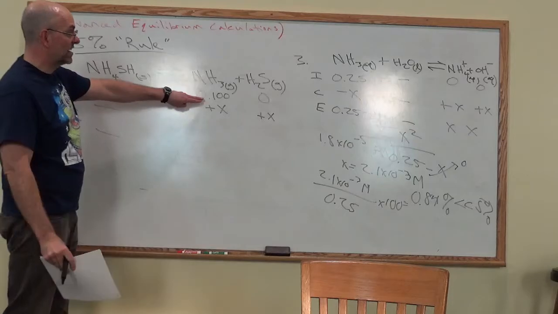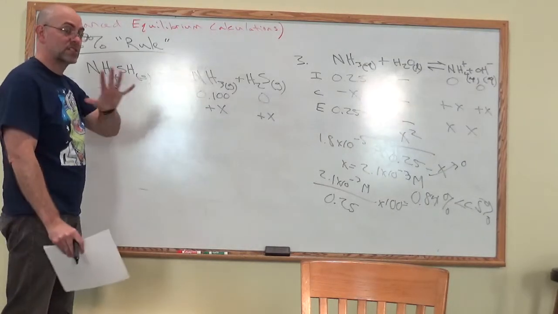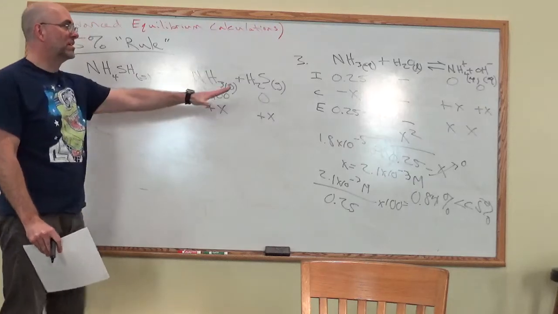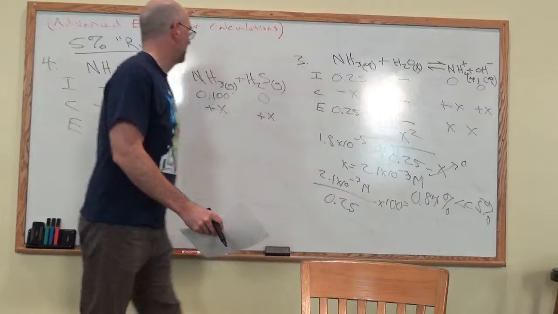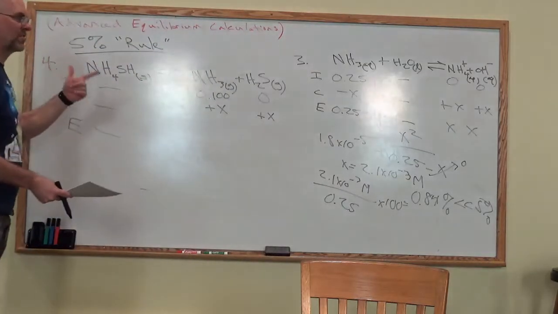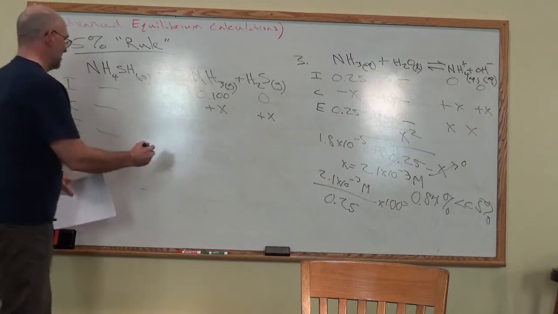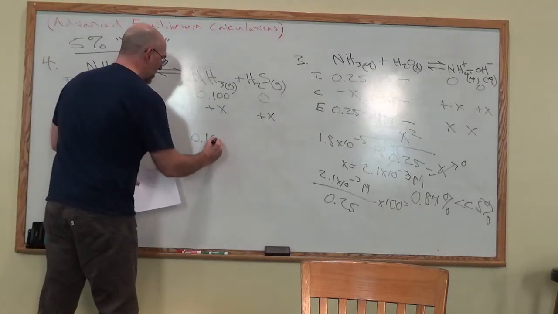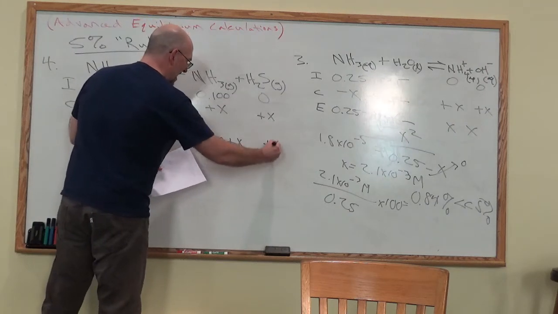That's a strange thing. We're taking an initial concentration, we're adding something to it. It's just a small twist so you don't get locked into doing the exact same problem every single time. So you have to think about the chemistry, not just the algorithm of the math. So the equilibrium is going to be 0.100 plus x, and then plus x.